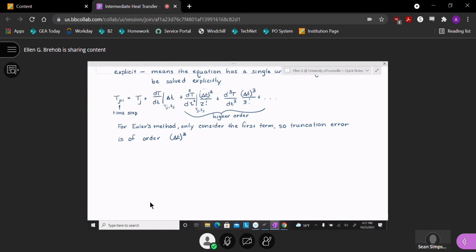So this implies if you pick a small enough delta t, that squared value is essentially negligible.